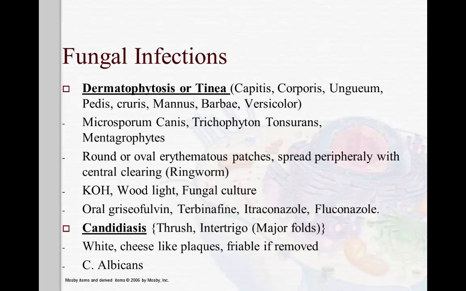The signs and symptoms of Candida, if you see it in the mouth, for example, are white cheesy-like plaques. If it's present in the vagina or genital areas, you see a cheesy-looking discharge. It's basically very pruritic, itching, with erythematous, well-demarcated patches with satellite pustules.